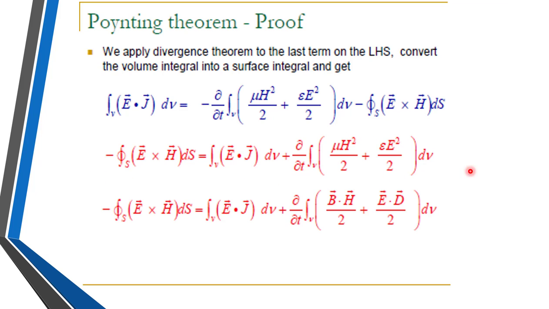Right. So all things we have written now. Again we can replace mu h square by 2 with h bar dot b bar by 2, and epsilon e square by 2 with e bar dot d bar by 2, or we can keep this equation as it is. Now let us see what this equation interprets.